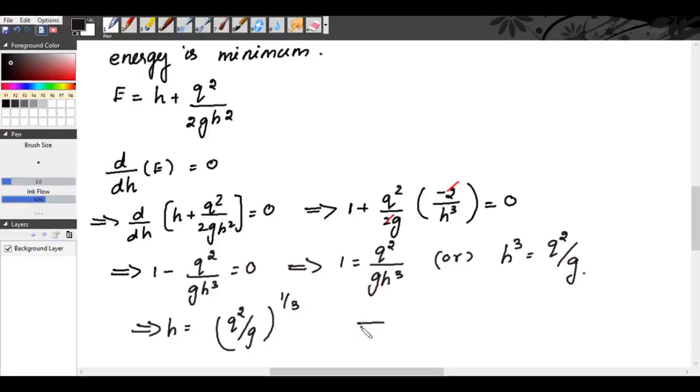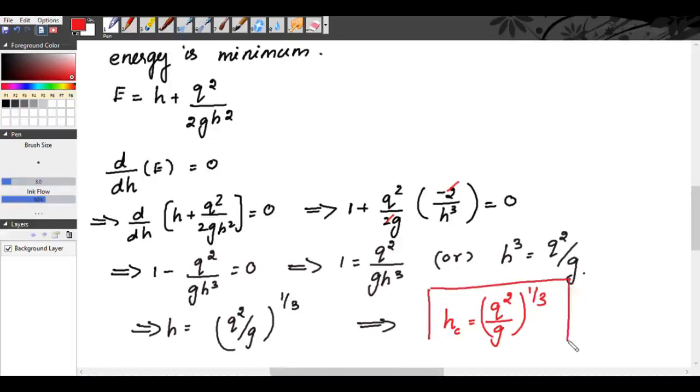This depth is called the critical depth. So critical depth HC, this H is replaced by HC for critical depth. So critical depth is equal to Q square by G, the whole raised to 1 by 3. That is the cubic root of Q square by G. This is called the critical depth.